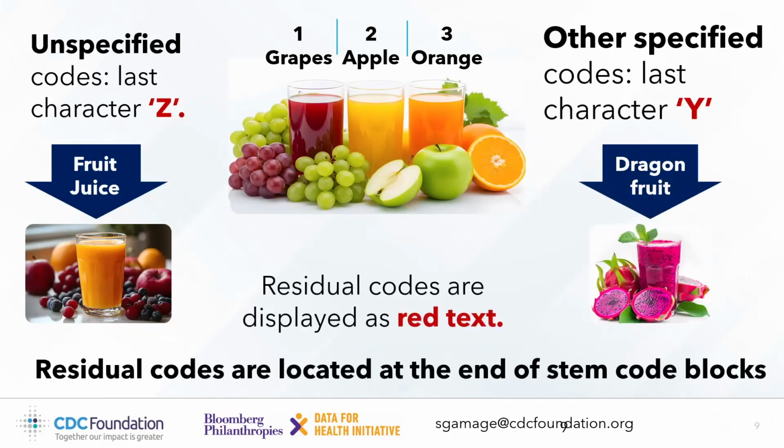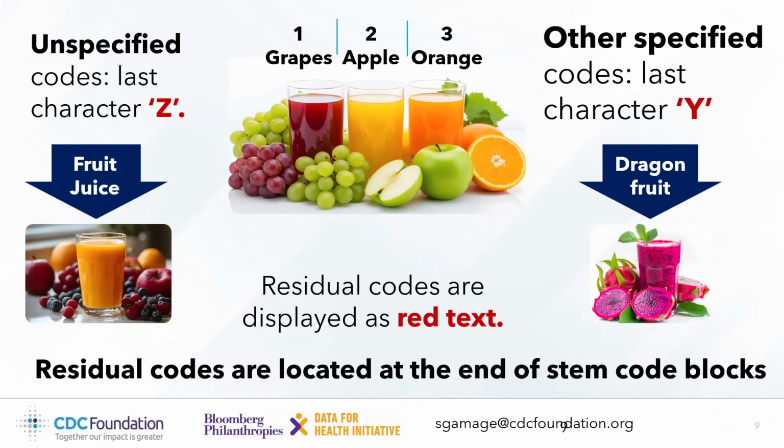Then, if there is dragon fruit juice, which is not in the list of fruit juices, grape juice, apple juice, and orange juice, because we have a list of 1, 2, 3. But dragon fruit is something special. And this is an other specified type of fruit juice, which is not in the original list of grape, apple, and orange.